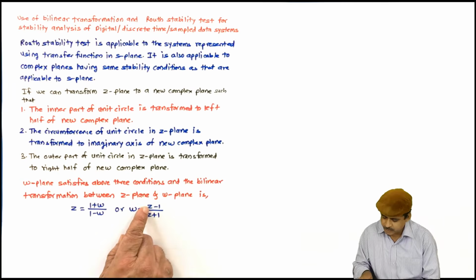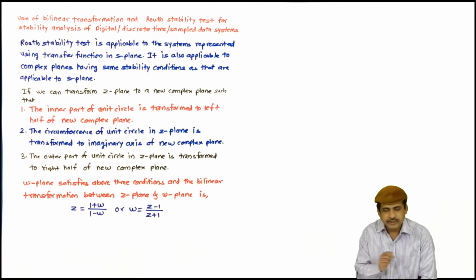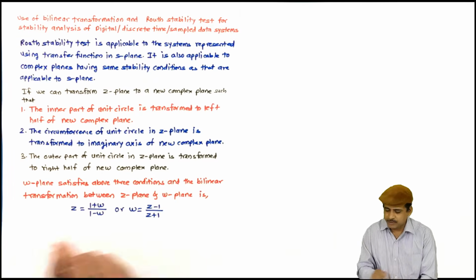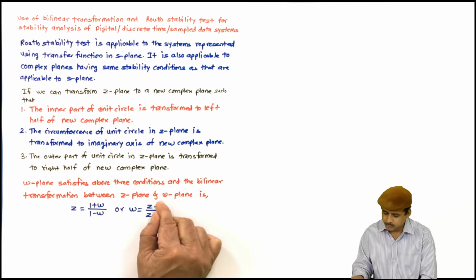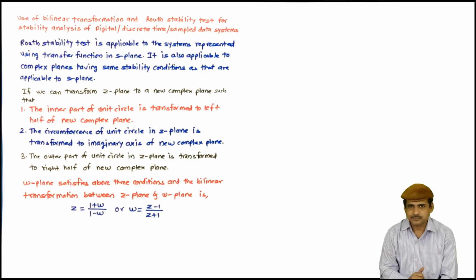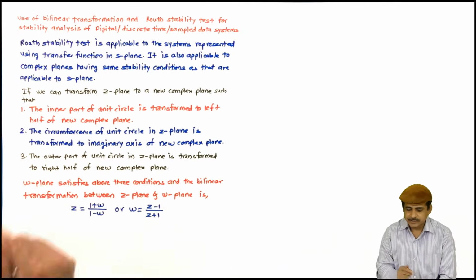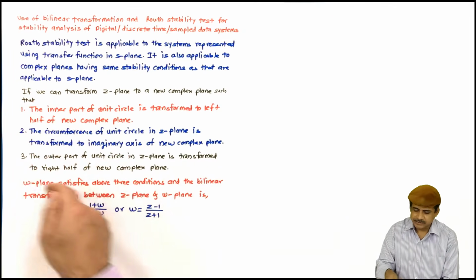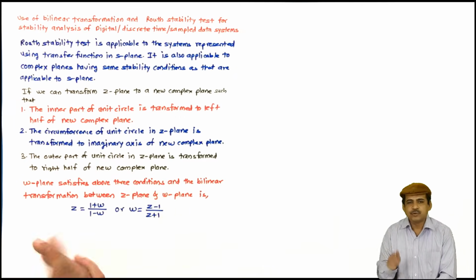Now if I put Z equal to 1, that is the circumference, then 1 minus 1 is 0, so the real part of W is 0, that is the imaginary axis in W plane. And if Z is greater than 1, both the numerator and denominator of W are positive, and the real part of W becomes greater than 0. Correct? That means these three conditions are satisfied with this bilinear transformation, and W is that new plane.